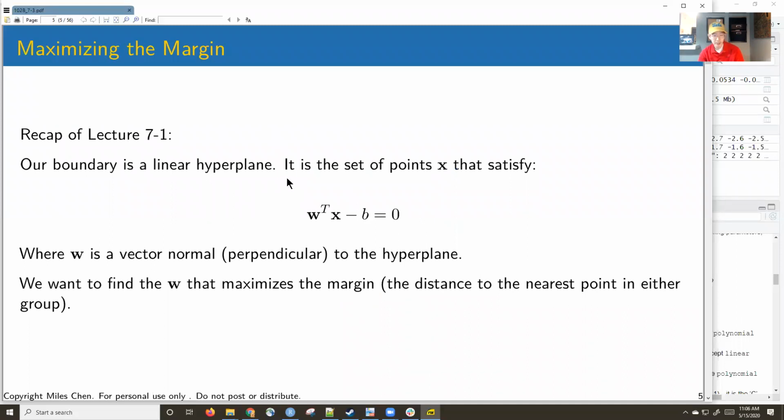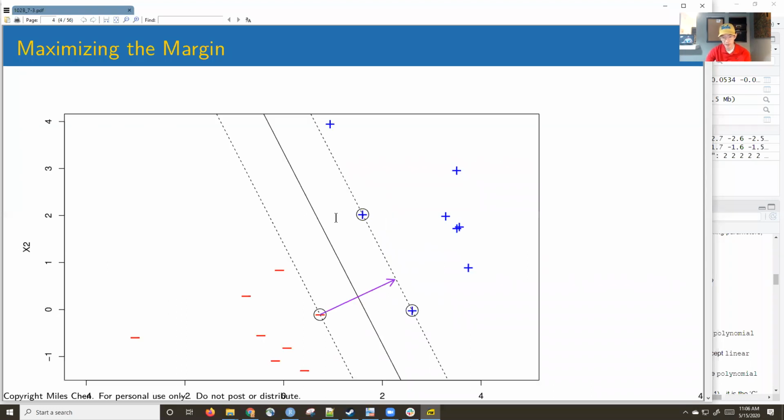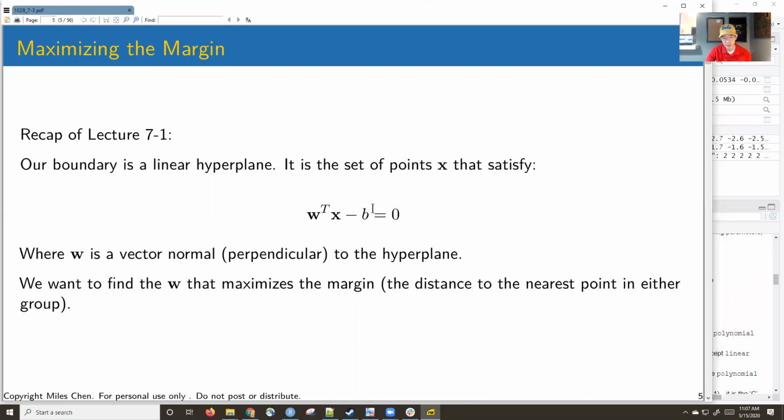And so the hyperplane is going to be the boundary, and that's going to be the set of x points, basically all the ones that form this line, or in a higher dimensional space, some kind of plane, that satisfy this equation: W transpose X is equal to some constant, or W transpose X minus B, or W transpose X plus B, depending on what you're looking at, is equal to 0, right?